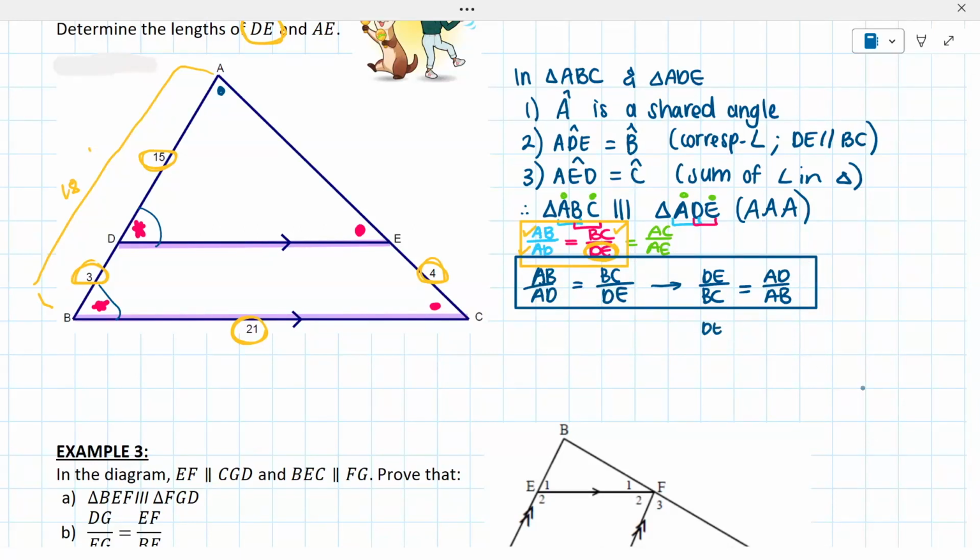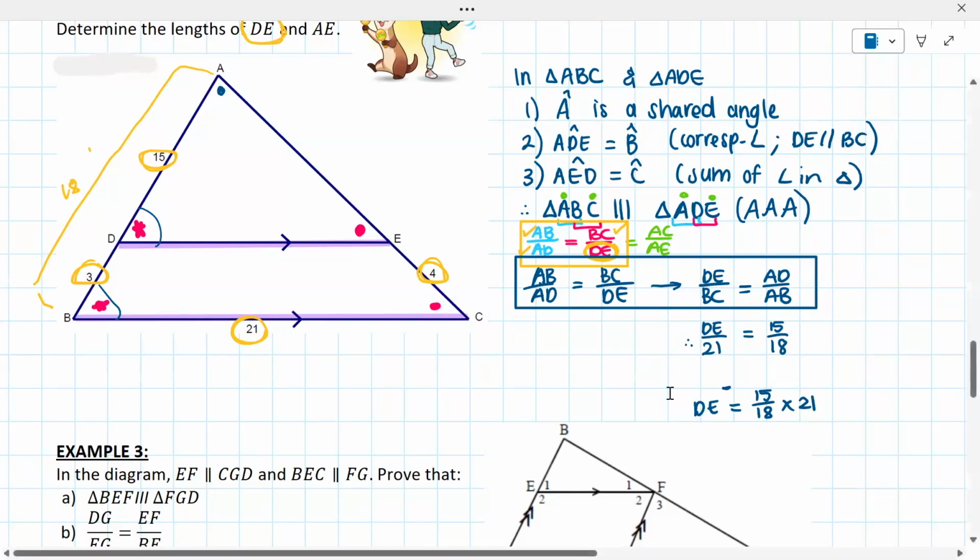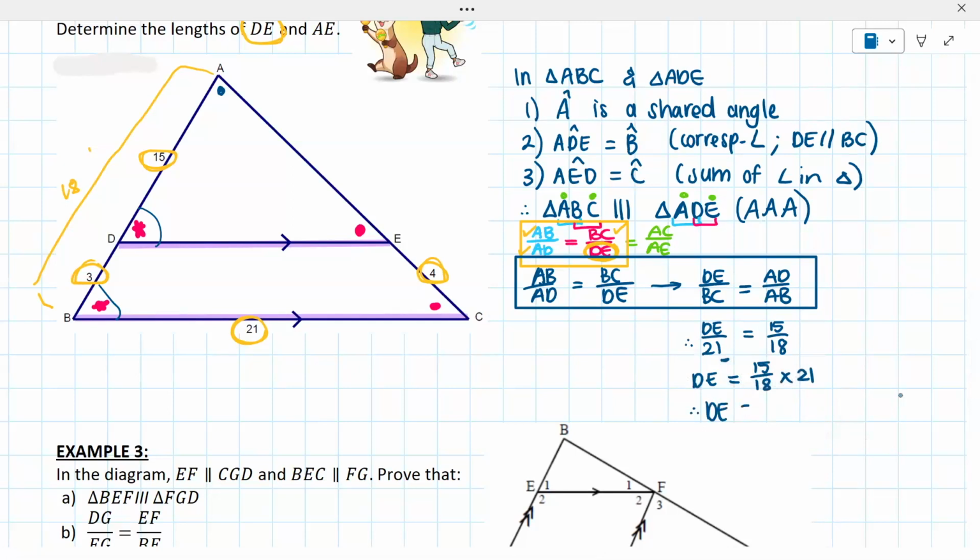So DE over BC, which is 21, is equal to AD, which is 15, over 18, which is AB. Now this is easy. DE is equal to 15 over 18 times 21. Okay, it's the same as what we were doing in prop theorem. And now that we have that, we know that DE is equal to 17.5 units.